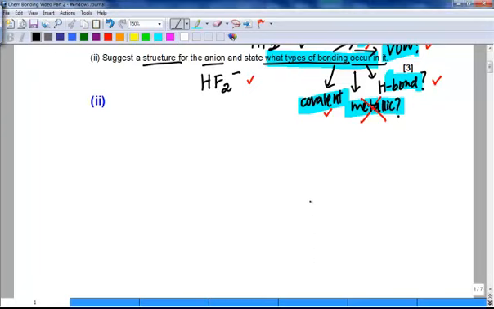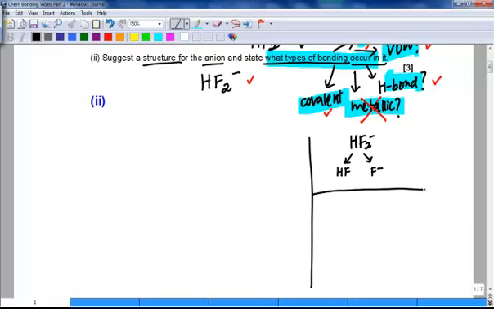Break HF2- down into something familiar: you can think of HF and F-. In fact, this is very similar to an example you have learned before, which is I3-. Remember, we know that it is made up of I2 and I-.